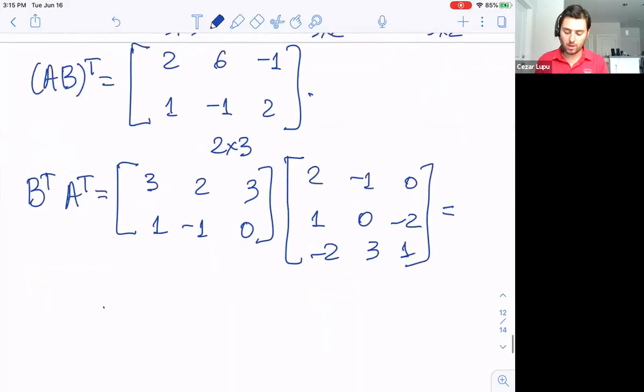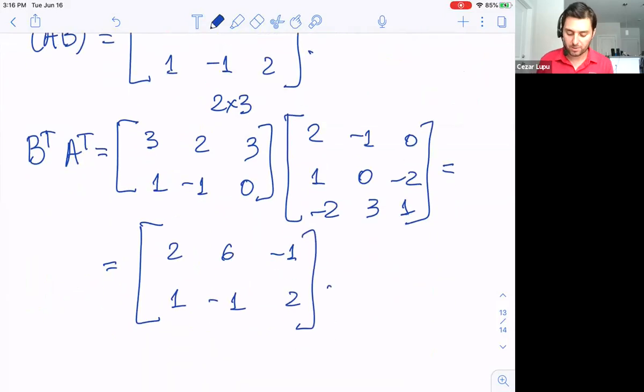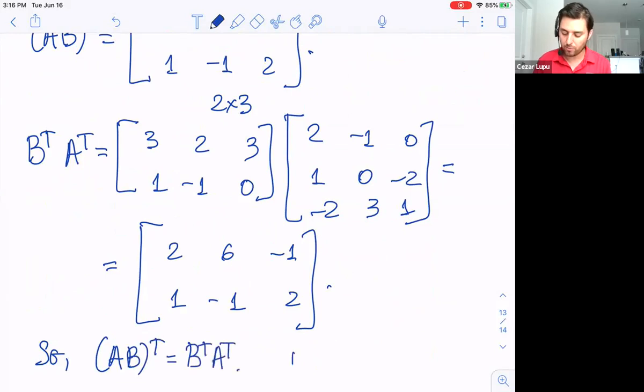And by doing the computations here, when you multiply this, guess what? You'll get exactly the same thing: 2, 6, -1, 1, -1, and 2. So again, this property was verified. So AB transposed is nothing else than just B transpose times A transpose. So that's it.